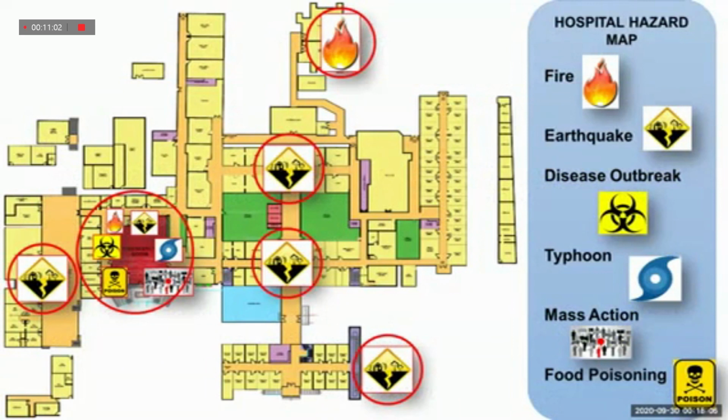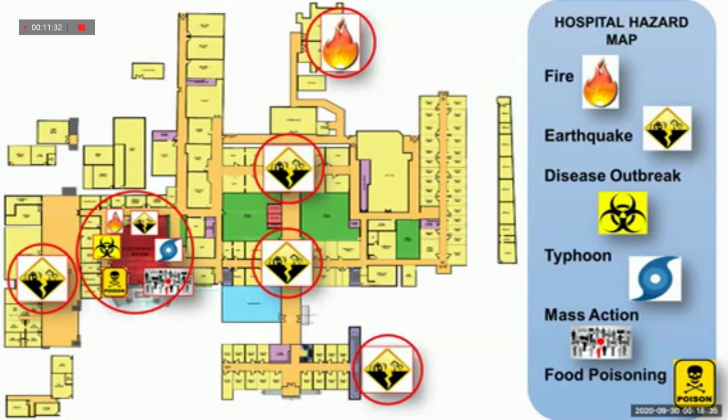So I'm showing here the map or a blueprint of our hospital wherein the largest of the circle in red is your emergency room. Then you try to do a hospital or a hazard map and try to determine if those areas in your hospital have the following hazards.